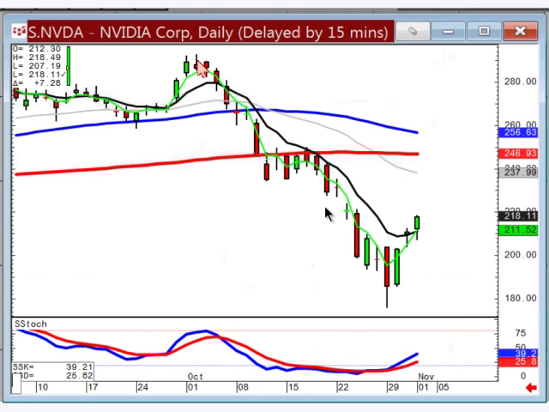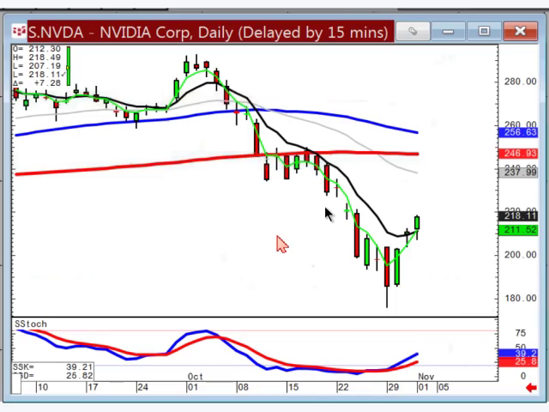You got wave 1, kind of back up to the T-line, wave 2, and wave 3. Wave 3 and wave 1 are usually the same. Okay. The gray line is, yes, the 34 exponential moving average. It's not anything major, but it sometimes works well.